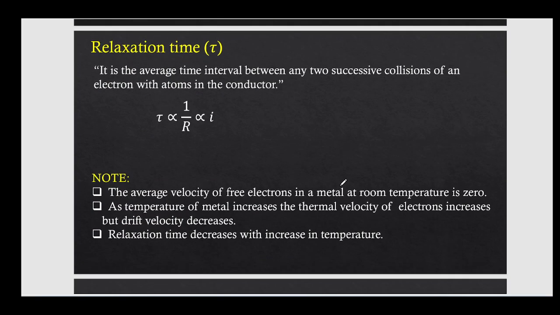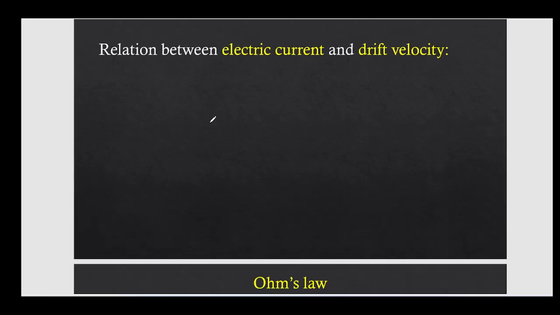Next we have the relaxation time, and how it is related to the resistance of the conductor and the current. Next we have the relation between current and drift velocity, a very easy formula: I is equal to n e A Vd, where Vd is the drift velocity.